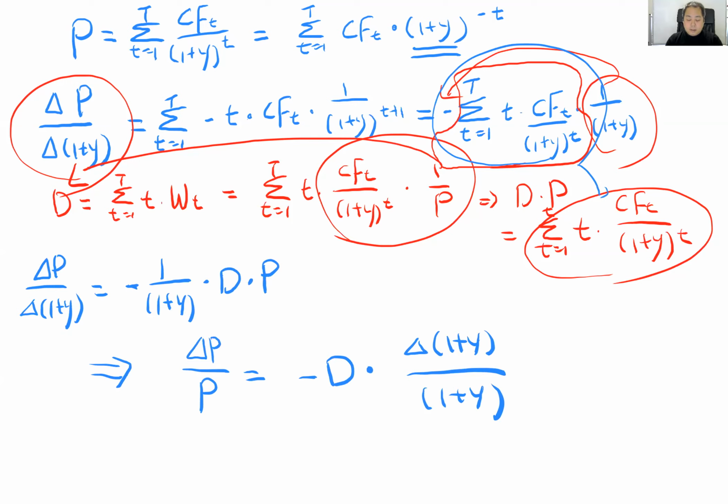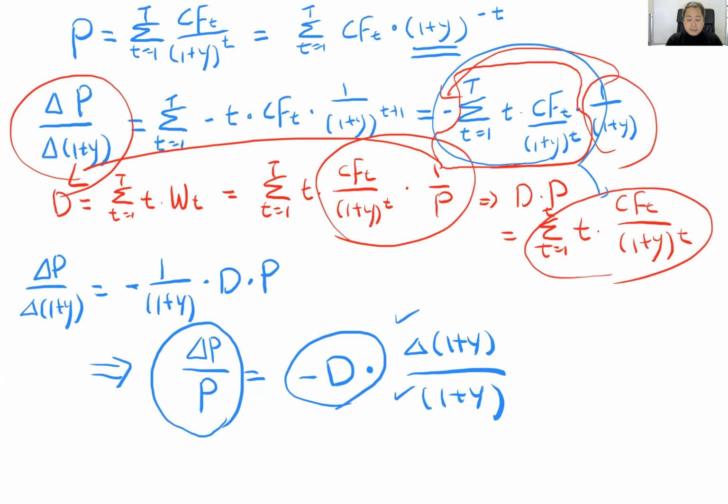Proof that the percentage change in price equals negative duration times delta (1 plus y), which is the change in 1 plus the interest rate, divided by 1 plus the interest rate. Now, this is a little tricky because we usually are interested in, if the yield changes by 1 percentage point, how much does the price change?